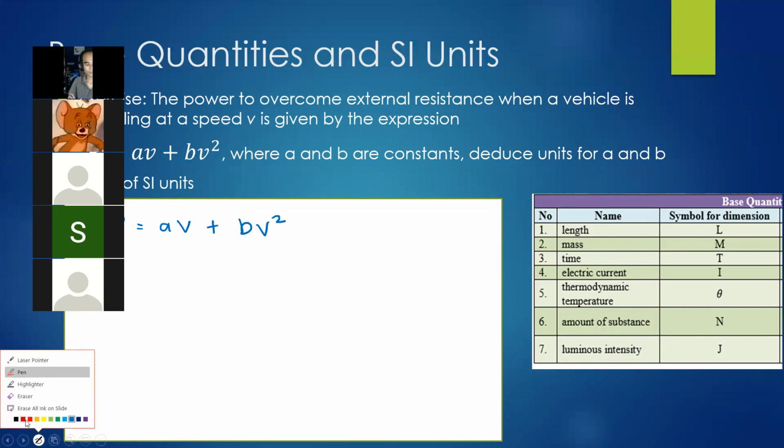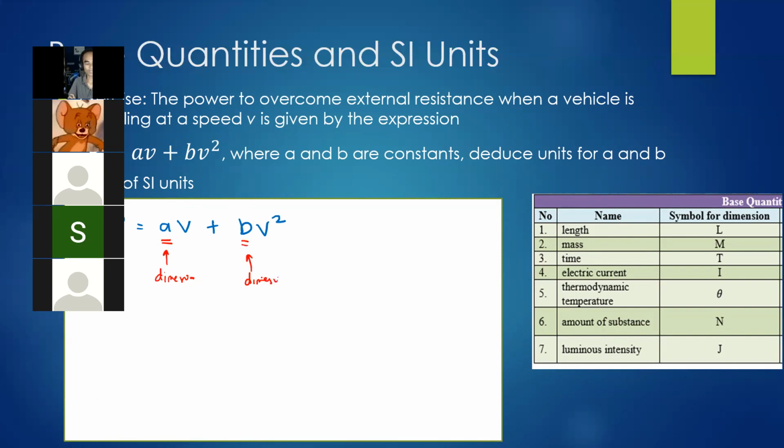The challenge is to find the dimension for A and the dimension for B. The trick is you know that term 1 and term 2 will be equal to the dimension of the equation title.